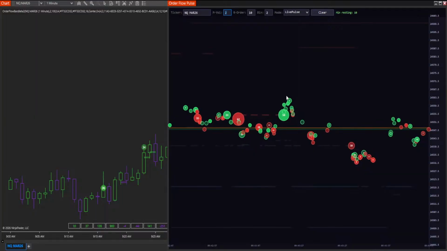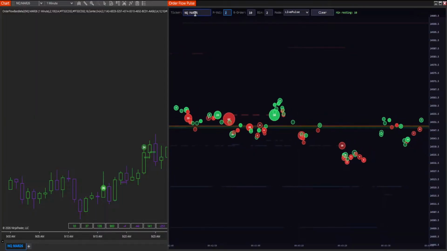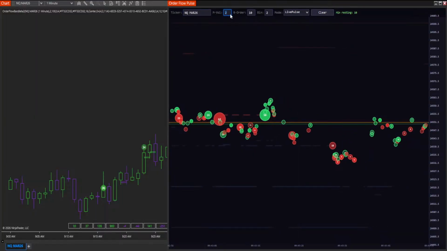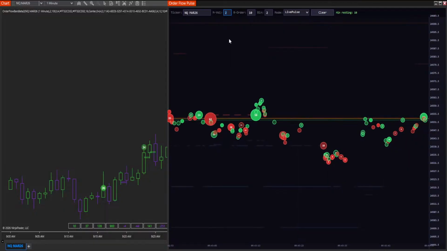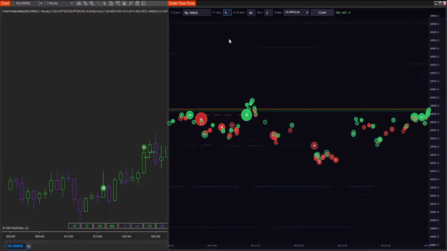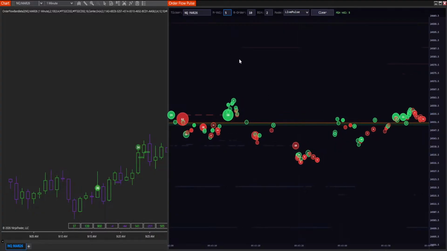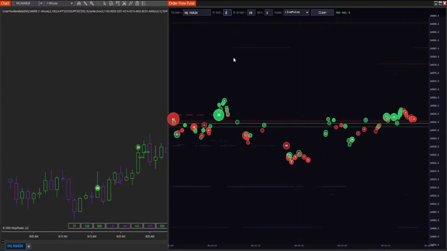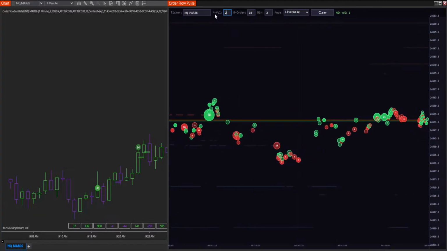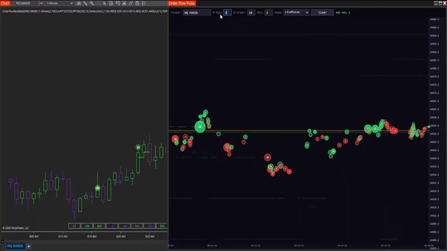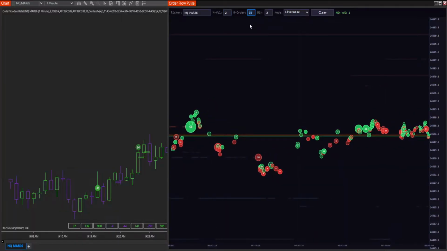But what I want to show you on the order flow pulse, of course, you can go to NQ, and the minimum volume for the bubble, let's say it's 5. Well, it has to be a 5 volume for that minimum bubble to even show up, and I have it set to 100 milliseconds. So I normally just set the minimum volume to 2. And the resting orders, I added that last night.